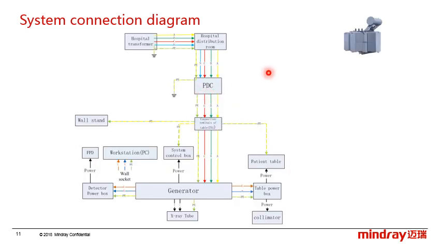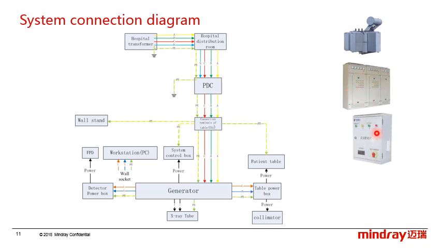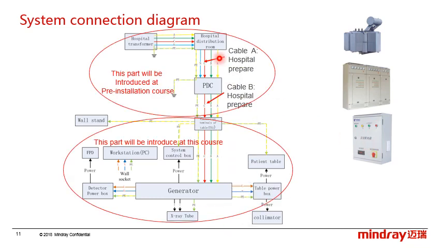As you can see, this is the whole system connection: the hospital transformer, the distribution room, the power distribution cabinet. And this part we will introduce in the pre-installation course. And we will introduce this part in this one.